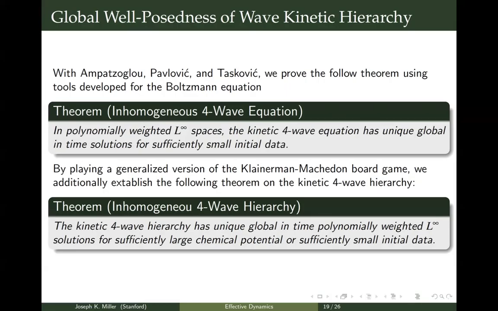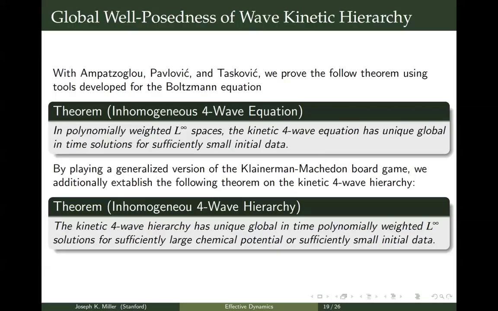If I have L infinity weighted spaces and positions, and I'm transporting, I can use that decay to get me better estimates to close some particles. So our first result with those authors is in polynomially weighted L infinity spaces, same as the ones we saw for Boltzmann. This kinetic 4-wave equation has unique global in time solutions for sufficiently small initial data, so small with respect to these L infinity weights.